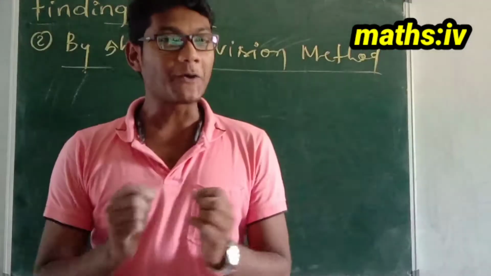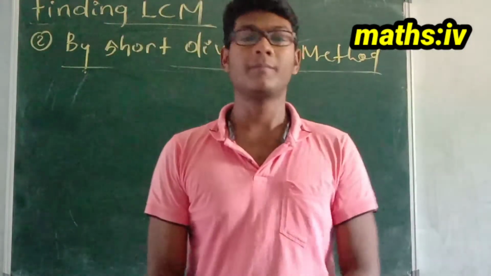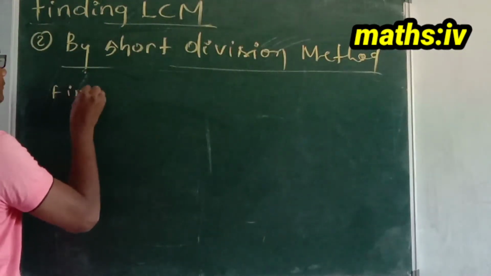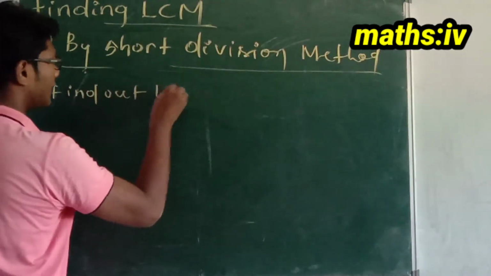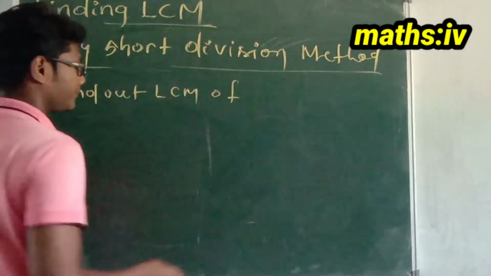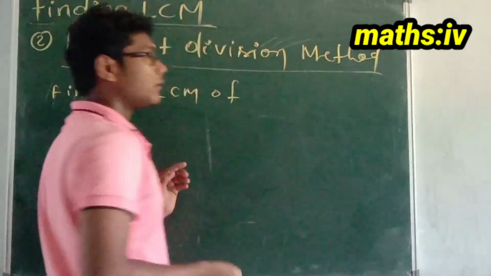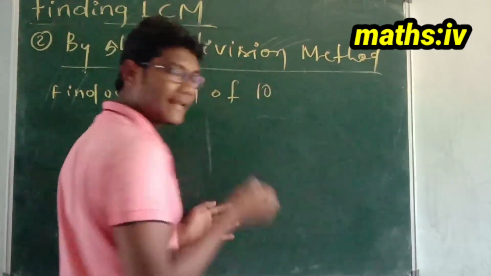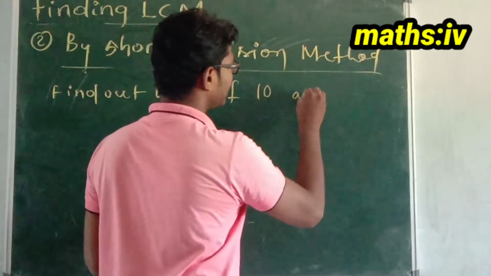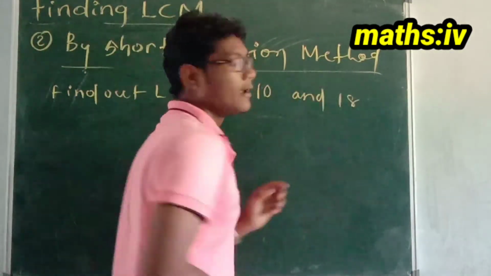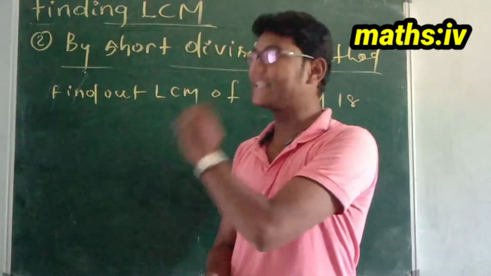Next. Now students, by the short division method, find out the LCM of the same numbers, 10 and 18. Let's take the same example by this method.